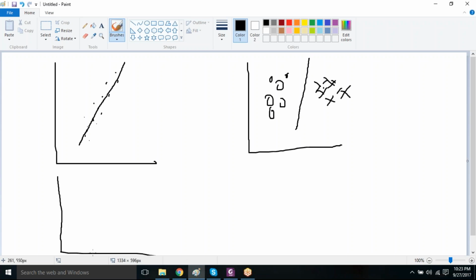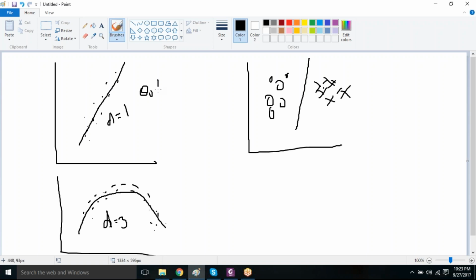Again, another example, in linear regression, if your data points are like this, you will fit a polynomial to this, right? Like this, maybe degree 3, this is degree 1, right?